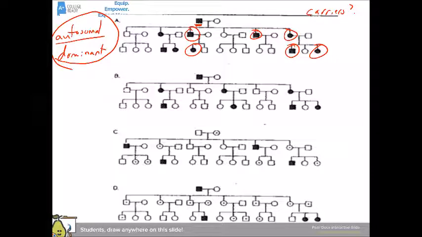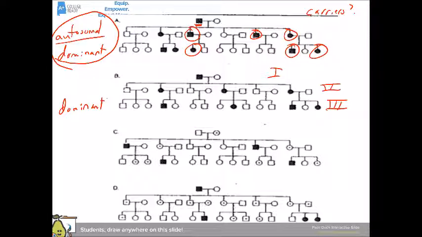So on this one, first of all, does it skip generations? Answer is no. There are affected individuals in all 3 generations. Are there marked carriers? Answer, no. So again, that tells us probably dominant. Then we look, are males and females affected equally? Are there the same number of affected males and females?